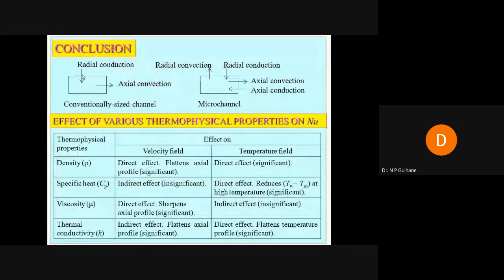So this way we can conclude that these four thermophysical properties have an effect on the velocity field and on the temperature field, in respect of direct effect and indirect effect. That we have already discussed, and how the microchannel differs we have also discussed. So this is the conclusion I would like to present.